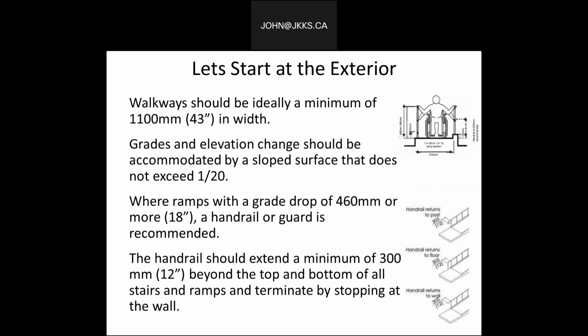Actually, 1 in 12 is what the code recommends as the minimum, but 1 in 20 is also acceptable. Ramps with a grade drop of 460 millimeters, or roughly 18 inches, a handrail or guard is recommended. And the handrail should extend at least a little bit past the top and bottom of the stairs and ramps and terminate by stopping at the wall.